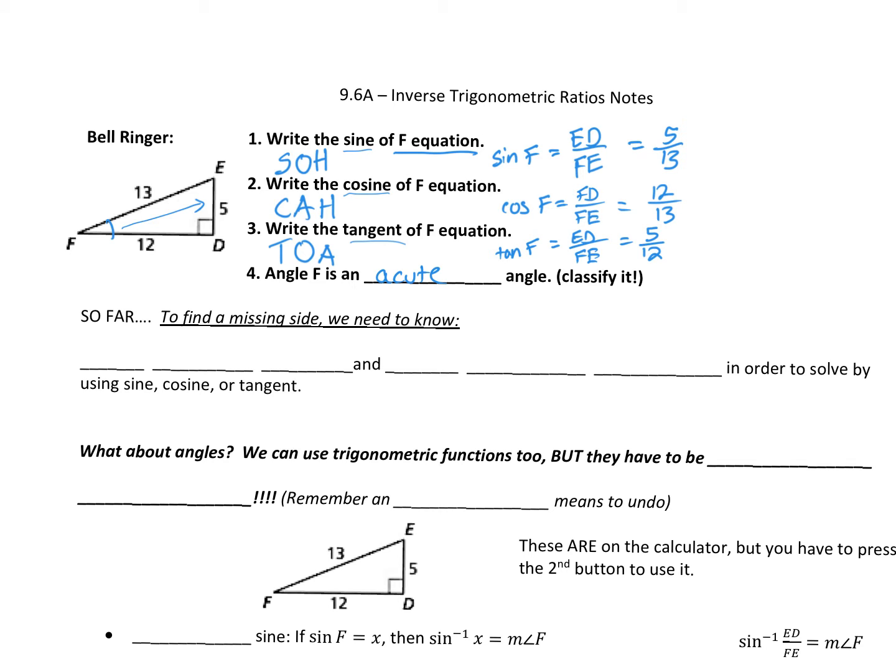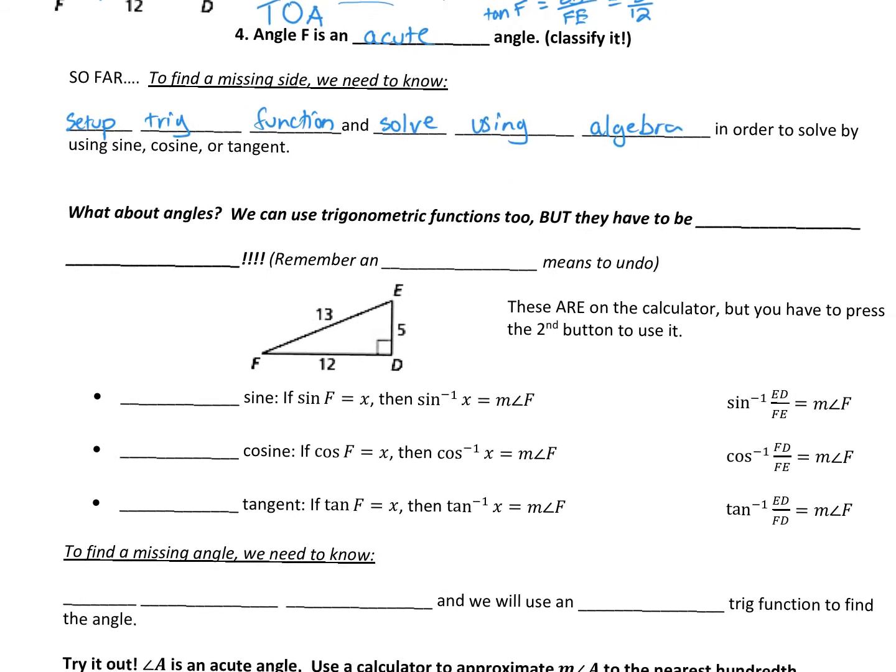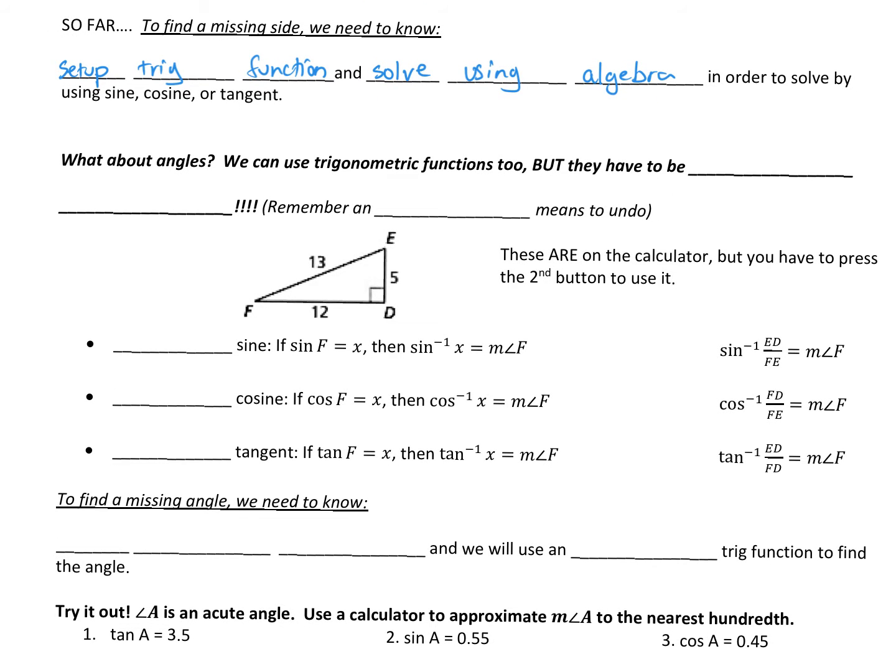So far, to find a missing side, we know we have to set up a trig function and solve using algebra, using sine, cosine, or tangent. But what about angles? We can use trigonometric functions too, but they have to be inverse.